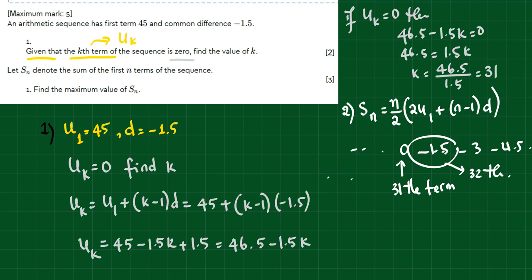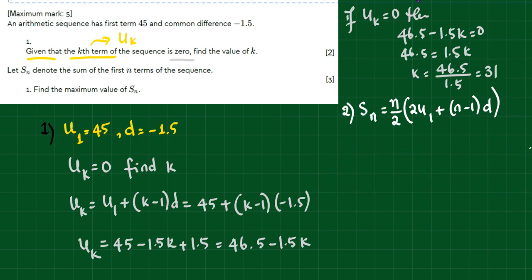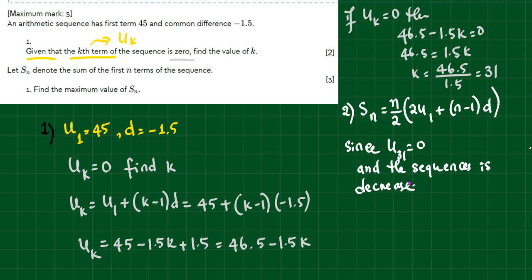Technically, it's only the positive numbers, right? So U31 equal to 0, and the sequence is decreasing.